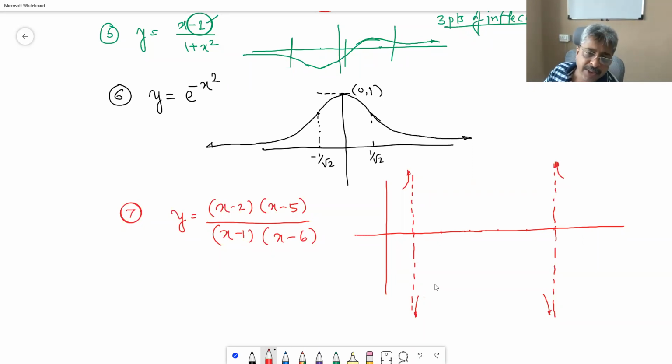As far as the limit as x tends to infinity is concerned, what is the answer? It is y is equal to 1. That is where it will stabilize. So this is my 1. Y is equal to 1 is yet another dotted line. The value of the function is going to be asymptotic. That means it will not be achieved for any real value of x.